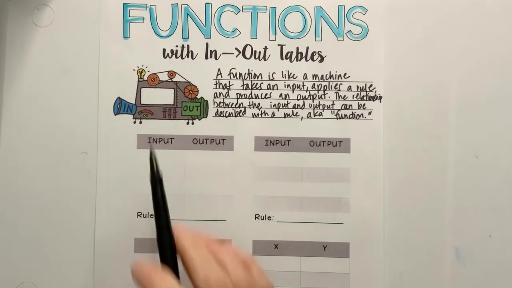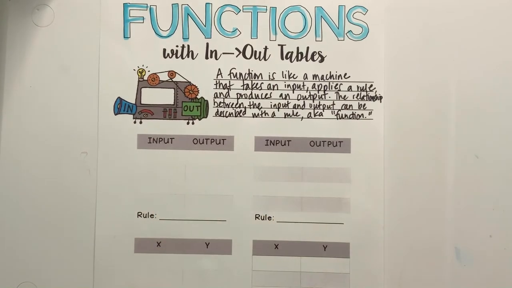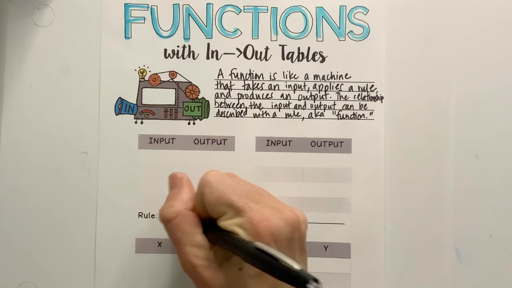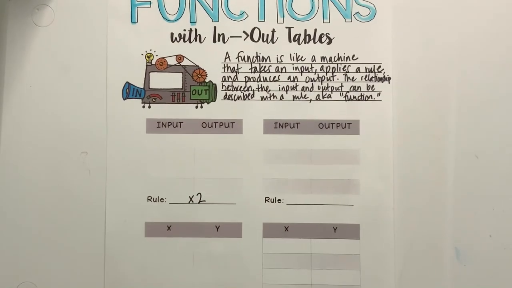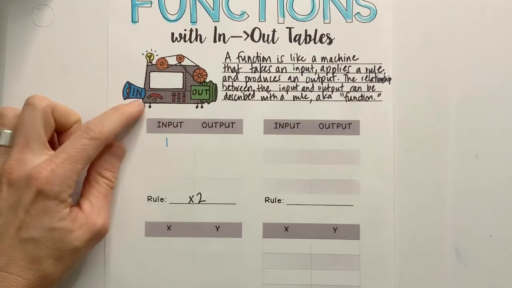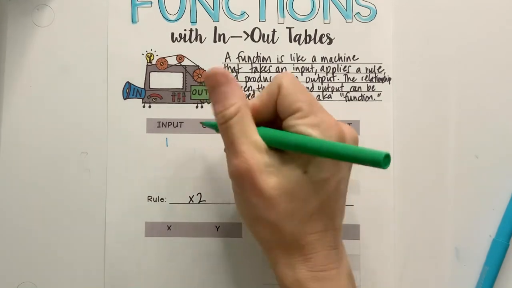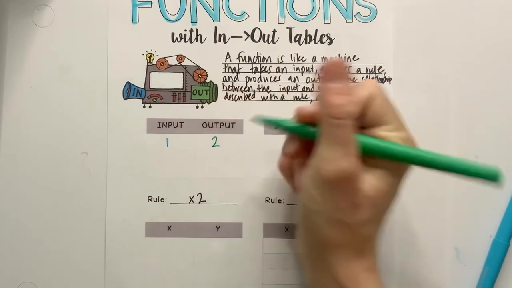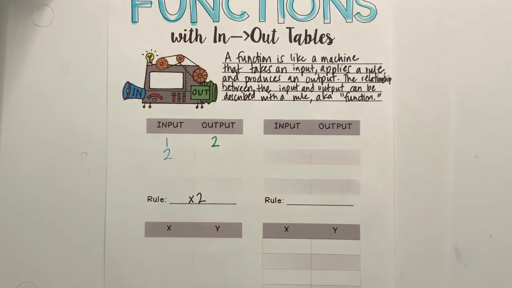output. Okay, so what if the rule in our machine were to be something like, right here, times 2. That's our rule. And we were to then put into the machine a 1. We put in the 1, what would pop out if times 2 were our function? Well, 1 times 2 is 2. Well, what if we were to put in a 2 to our function machine?